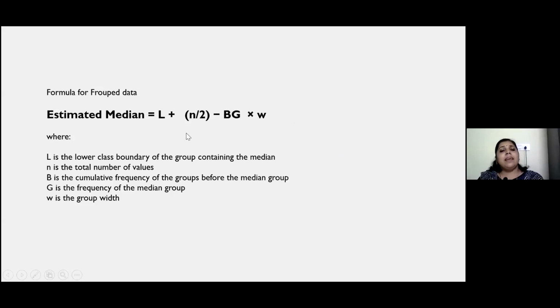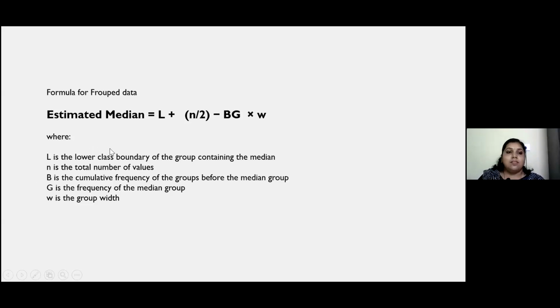The formula is L plus N by 2 minus B over G into W. The formula can be different also: L plus (N by 2 minus F) over f into W, where f is the frequency.